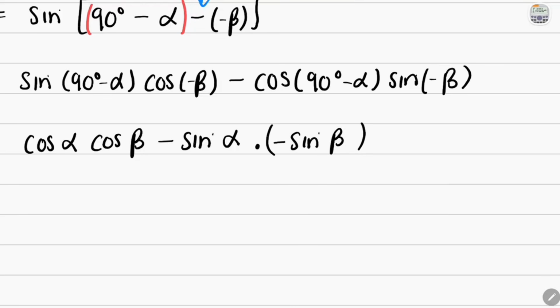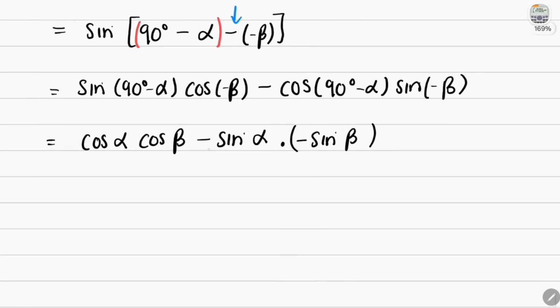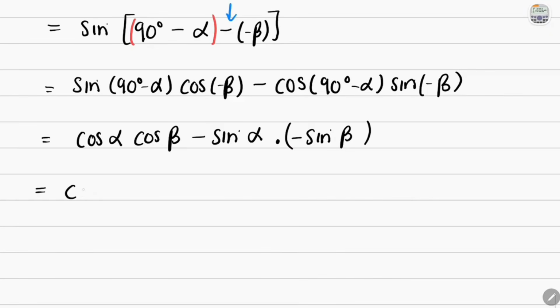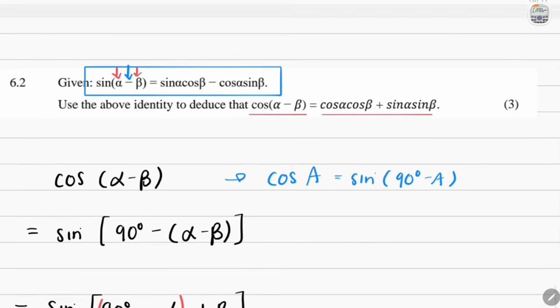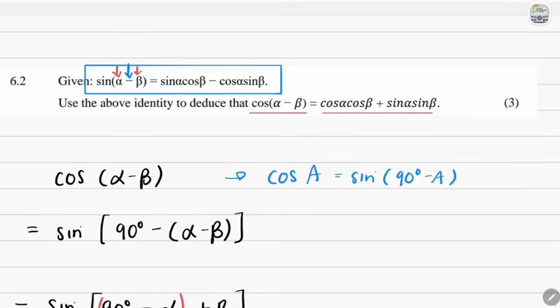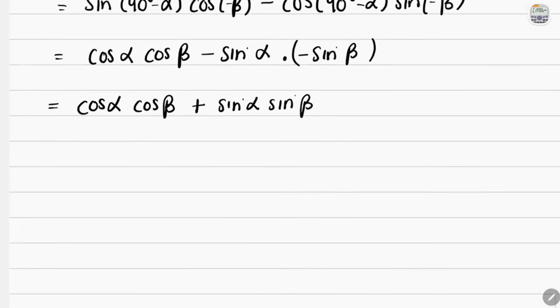So if you have a negative sine alpha times negative sine beta, they become positive. So this is cos alpha cos beta, and it becomes plus sine alpha sine beta. And there we go. We have created the identity. We have expanded this to that, and that is our answer.